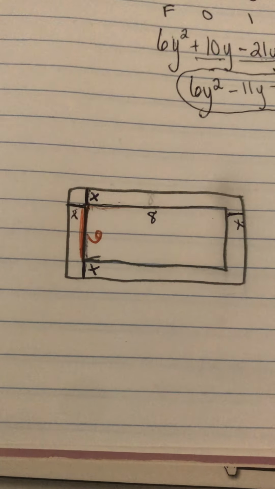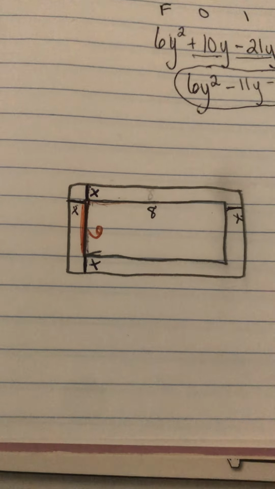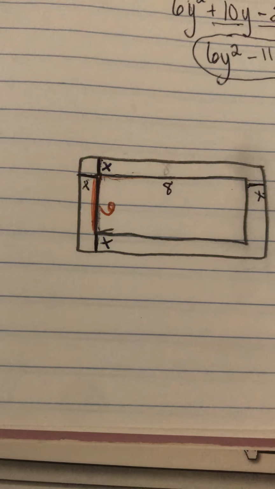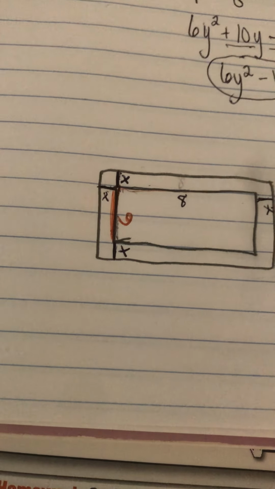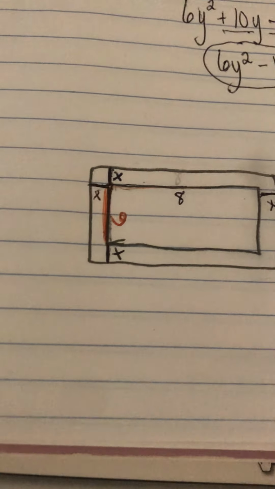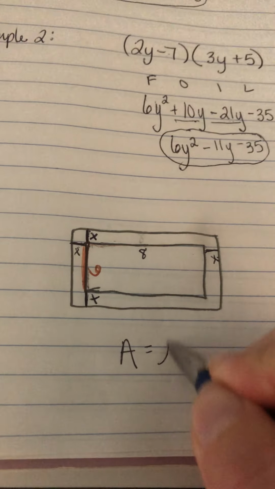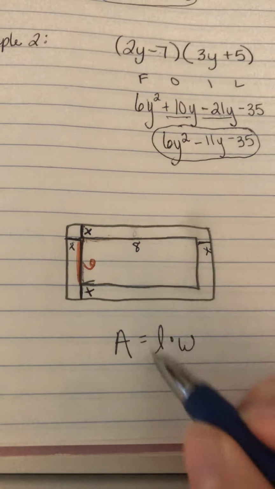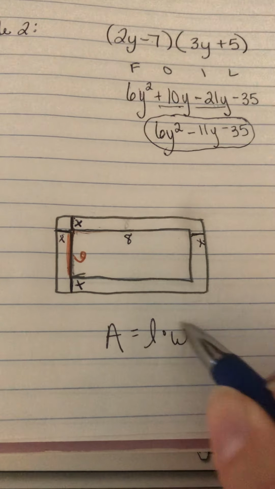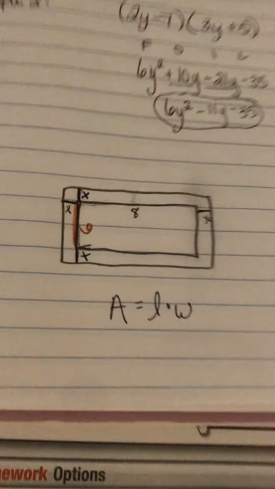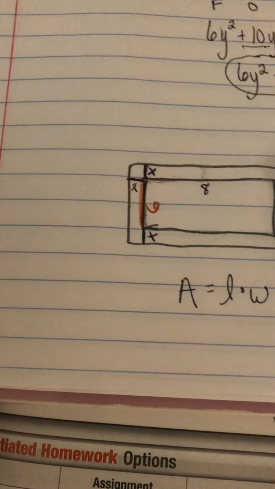Okay, hopefully you're already thinking that you are going to be creating a binomial for each length and width and define the area. All right, area of a rectangle, very basic, length times width. So you'll be taking a binomial times a binomial, just like you did on all these other problems that you're going to have finished prior to this problem.